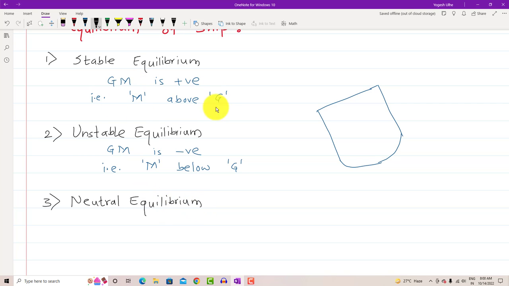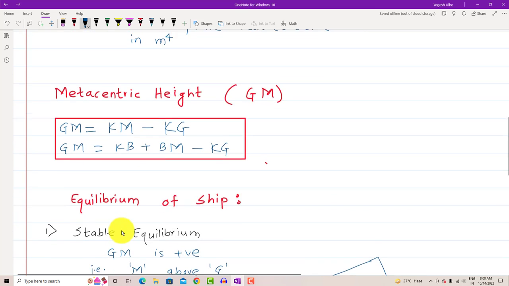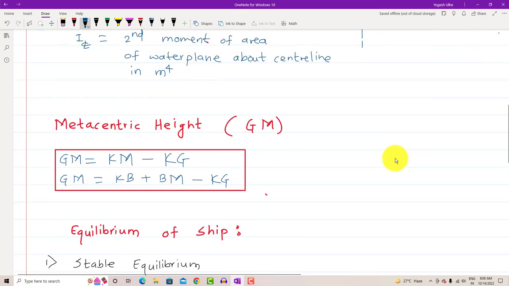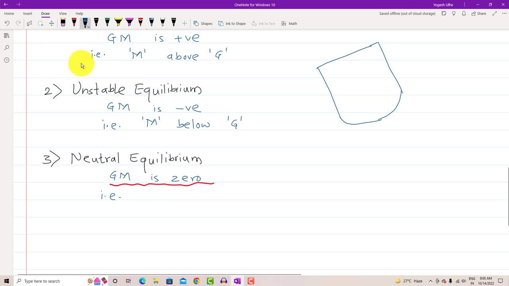We have seen GM positive, we have seen GM negative, and in the third situation, just guess, the value of GM is 0. When is it 0? When the distance between G and M is 0, that is, when they coincide with each other.